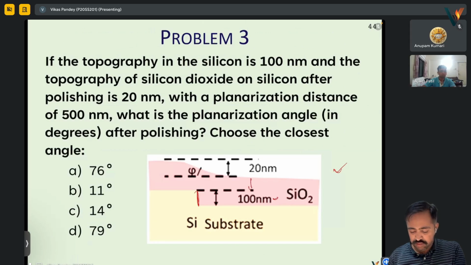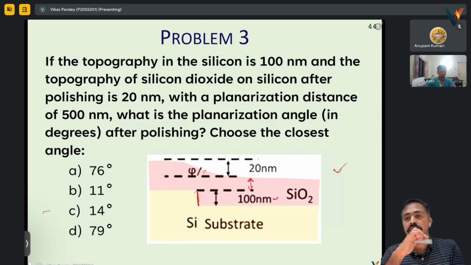So this difference is 20 nanometer. With a planarization distance of 500 nanometer, what is the planarization angle in degrees after polishing? Choose the closest angle.